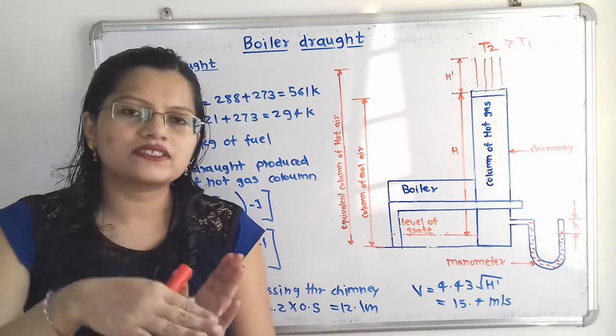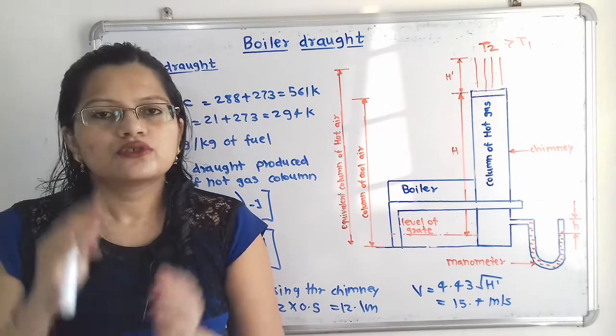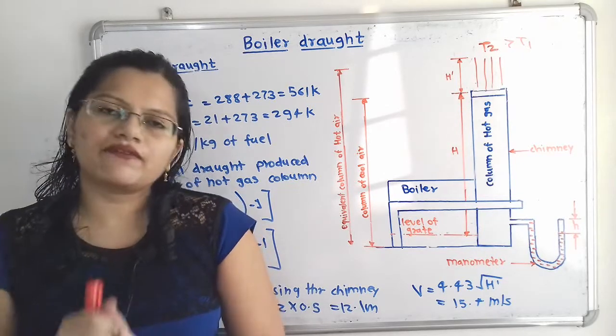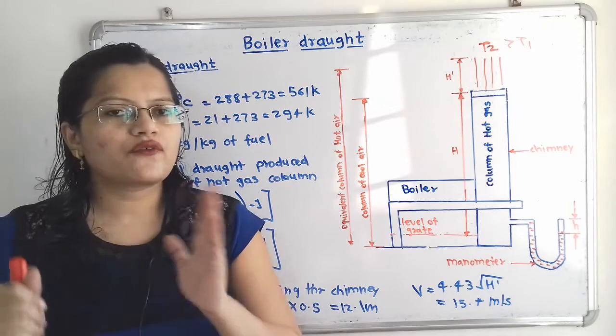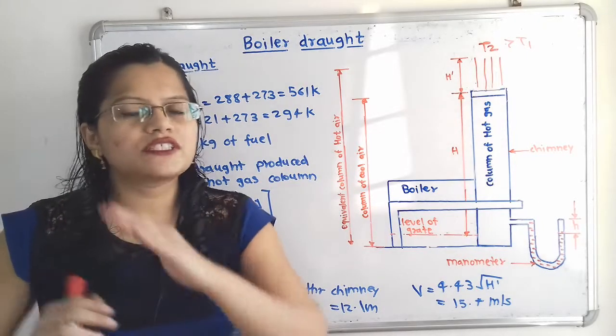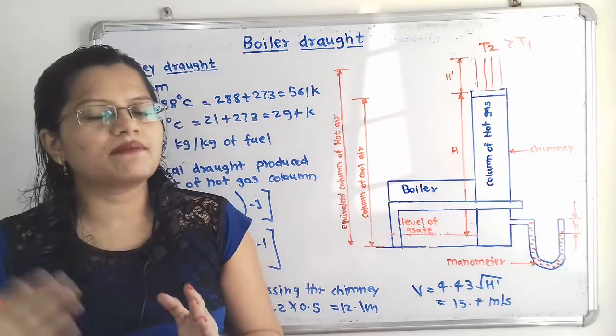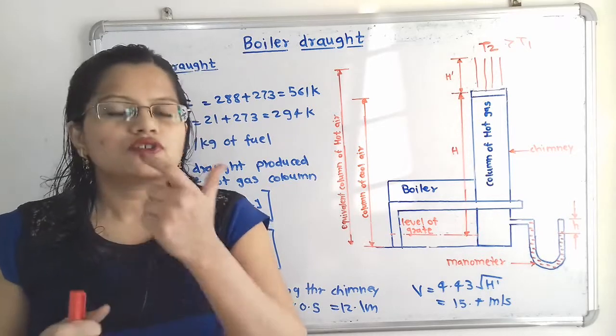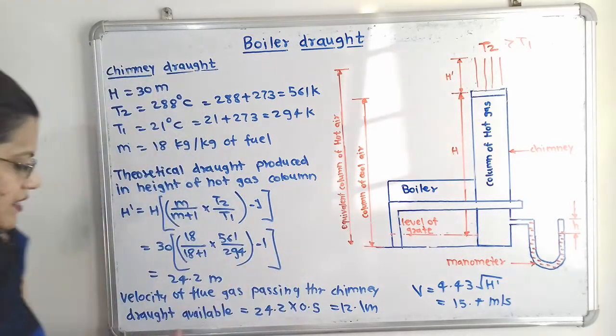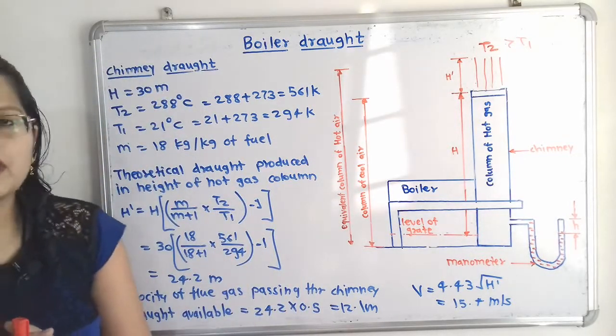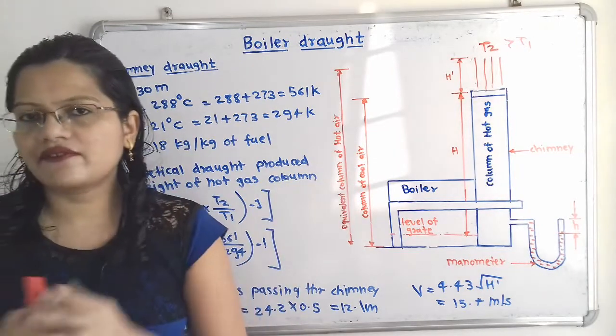That means what is the available draught? So available draught is the remaining 50%. So we have to consider here the net available draught.